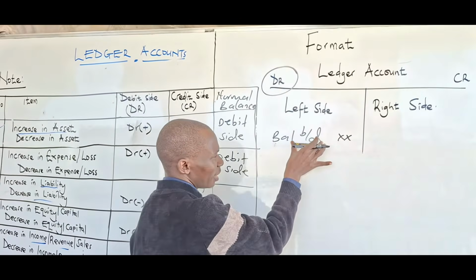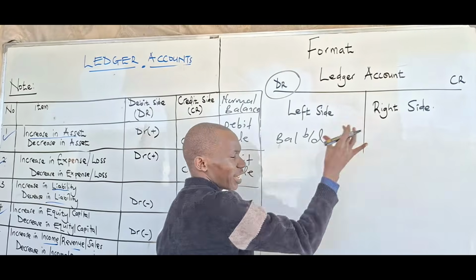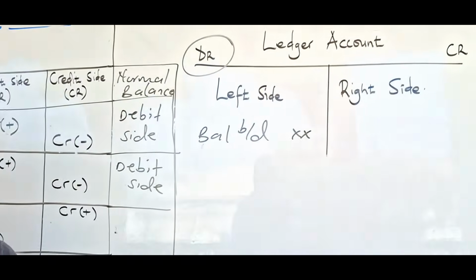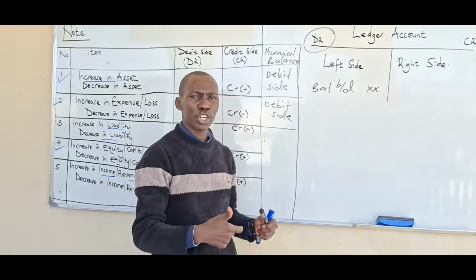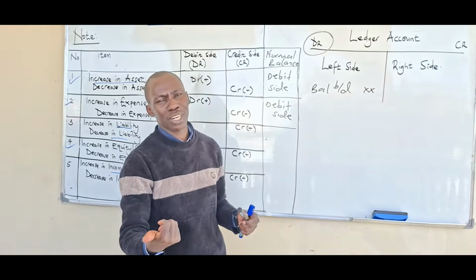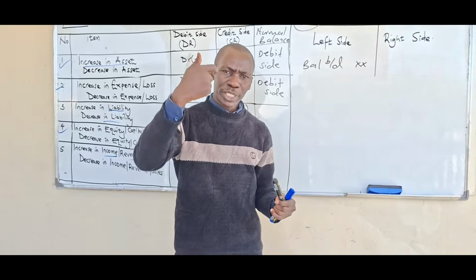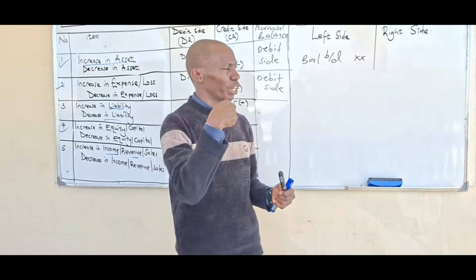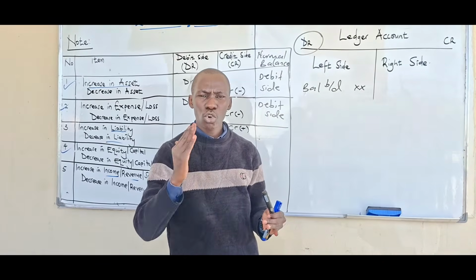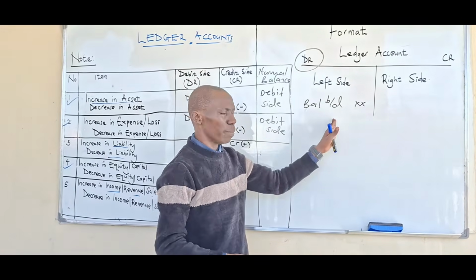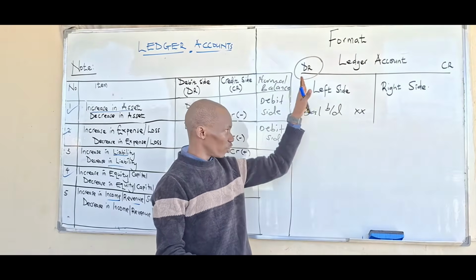The moment I find it on the other side, and yet it is an asset account, yet it is an expense account, I have to check. Maybe there's something which is not okay. That's why it's called normal. The other one will be opposite. That's why abnormal. So we need to check why that balance is on the other side. We are saying the normal balance for assets, expenses, losses is supposed to be on the debit side.